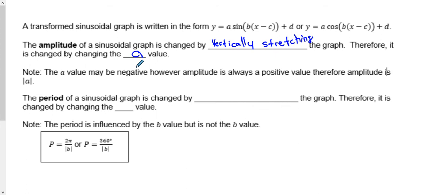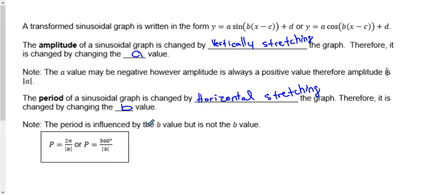Period of a sinusoidal graph is changed by horizontal stretching. Therefore, it's changed by changing the B value, because again, vertical stretch, horizontal stretch, translation, and translation, but those two translations have special names.